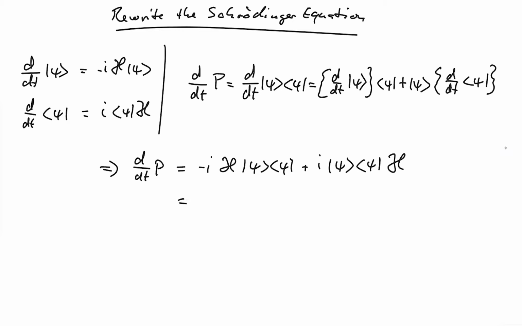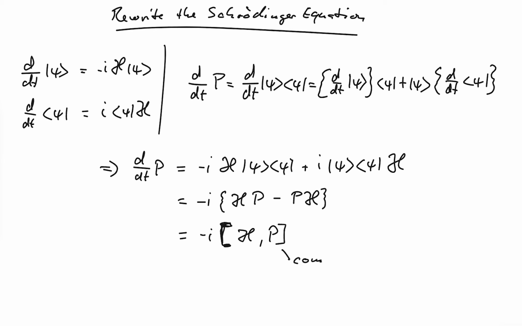And of course, we see directly that we have here the statistical operator again. So this is minus i, Hamiltonian times P minus P times Hamiltonian. And this is nothing else but the commutator of the Hamiltonian with the statistical operator P. So this bracket here is the well-known commutator in quantum mechanics.